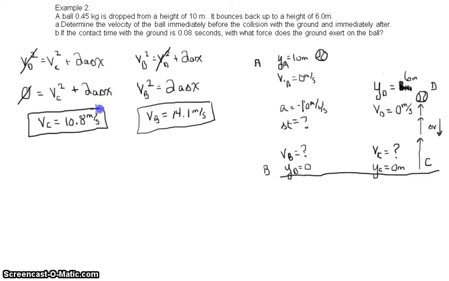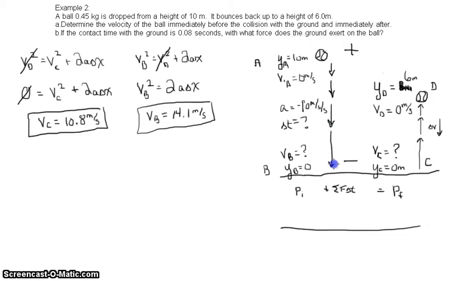Okay. Now we're going to look at the impulse and momentum. A couple things here. We'll put some signs in because it's going to be really helpful when we start dealing with our impulse and momentum. Up is positive, down is negative. We've pretty much assumed this all year. My velocity arrows are increasing on the way down and decreasing on the way up.